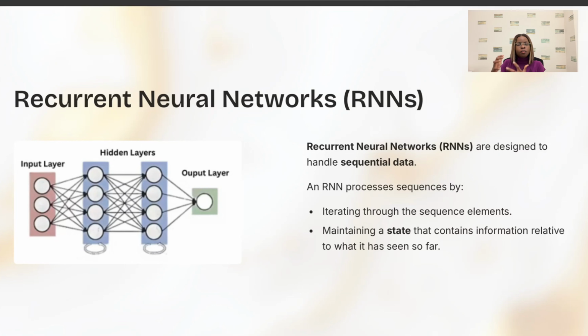And as your brain is tracking what I'm teaching, it is keeping a residue of what I've said previously. That's how an RNN works. The state is like a little memory that keeps what it has seen so far as it keeps going through the sequences.